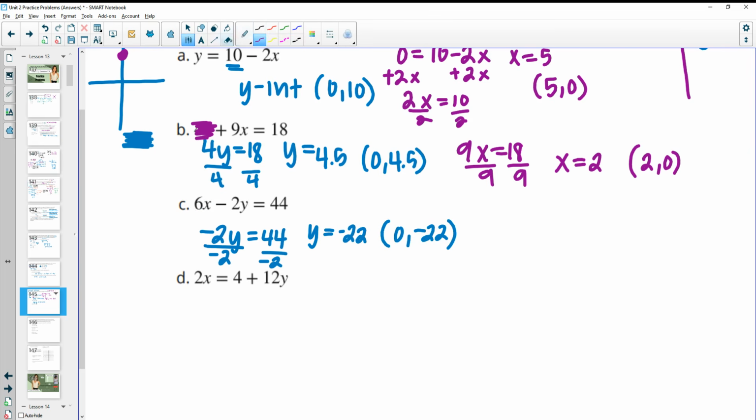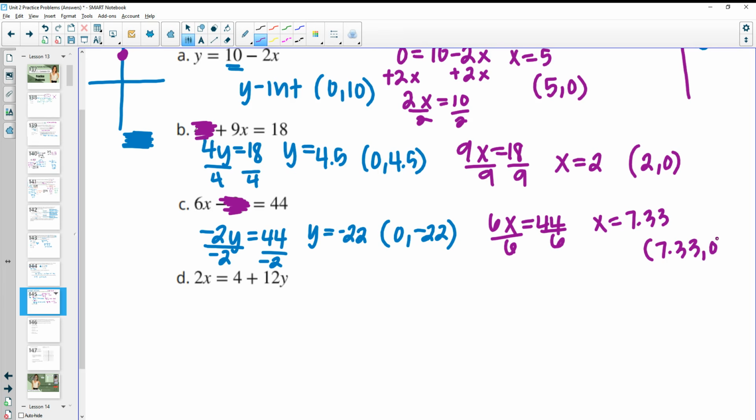Then for the x-intercept, we'd plug 0 in for y. So this would be 0. So we would just get 6x equals 44. So then we can divide by 6 here, and we get x equals 7.33. So then as an ordered pair, that'd be 7.33 comma 0 for that x-intercept.